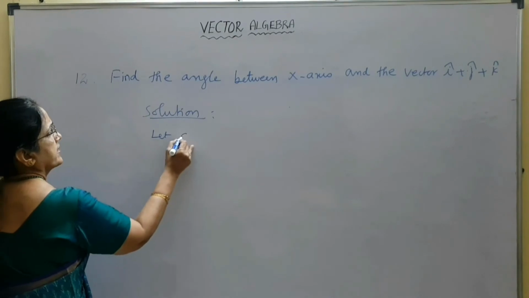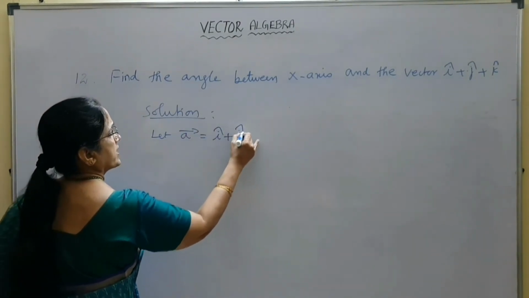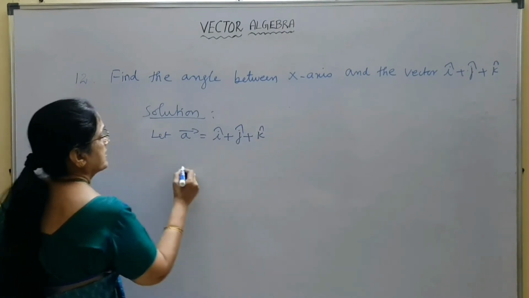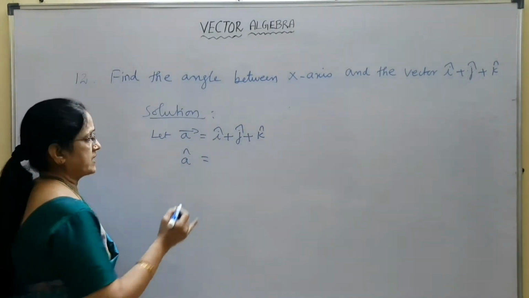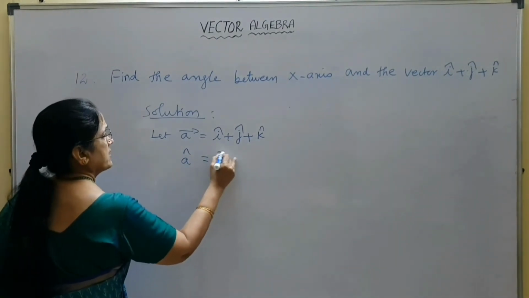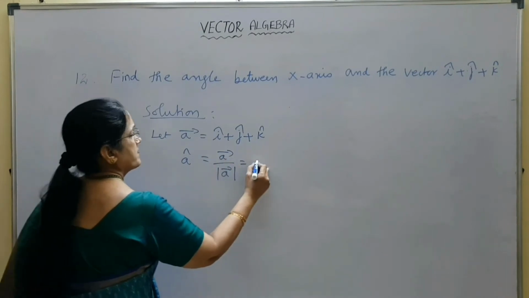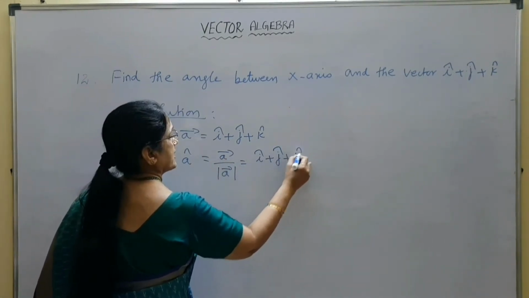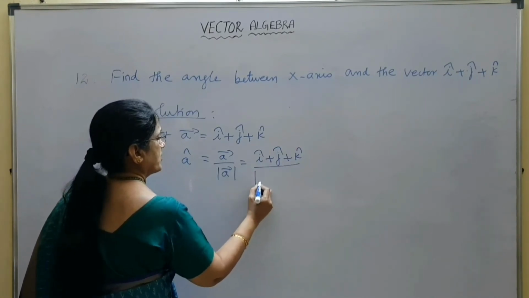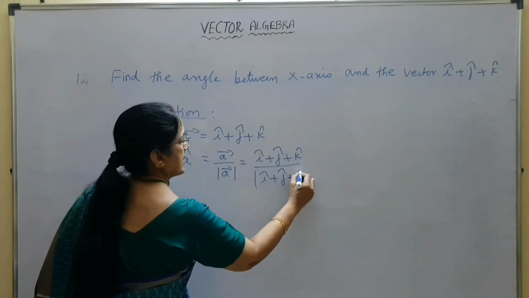Let A vector be equal to i cap plus j cap plus k cap. Let's find the unit vector in the direction of A vector, which is A vector by mod A vector, which is i cap plus j cap plus k cap by modulus of i cap plus j cap plus k cap.